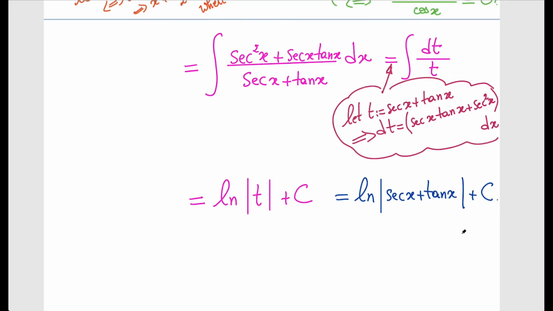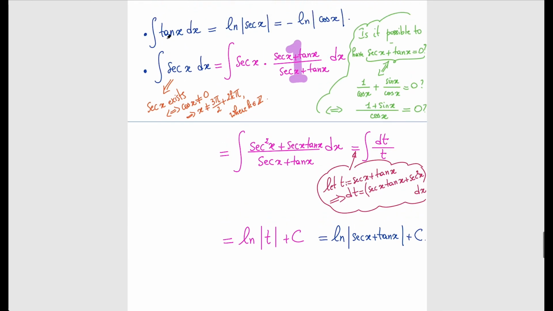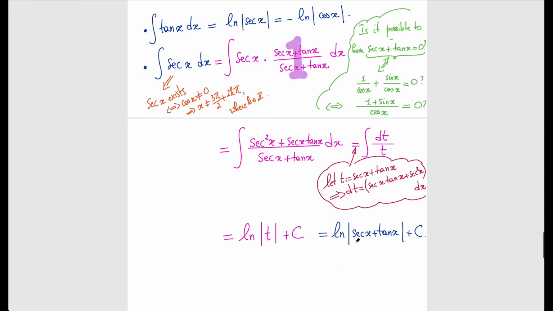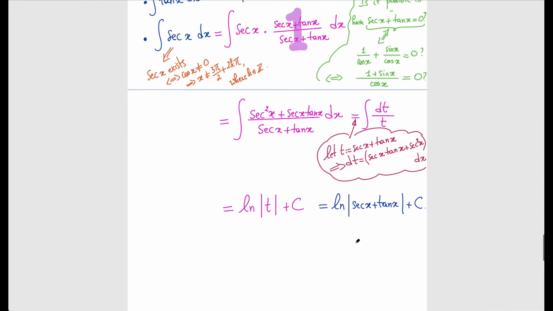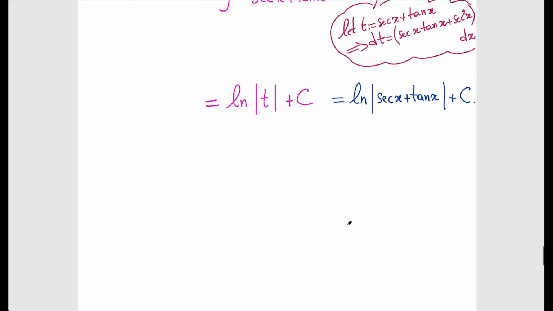Okay, so we may say then a primitive of secant is simply ln of sec x plus tan x, right? And if you add a constant, you're covering all those antiderivatives. Okay, so keep these two results in mind, this bullet and that bullet, and we're going to see them popping up in the next examples.